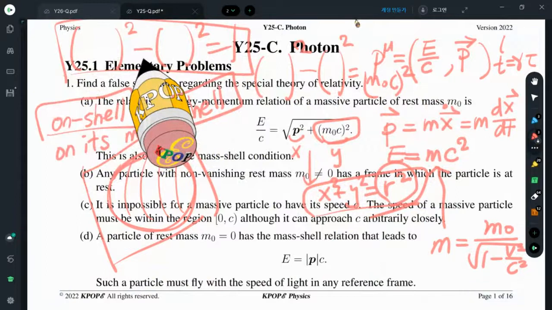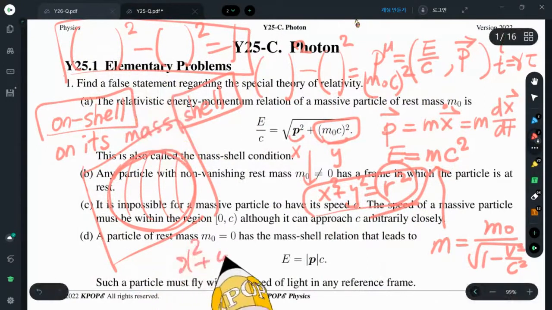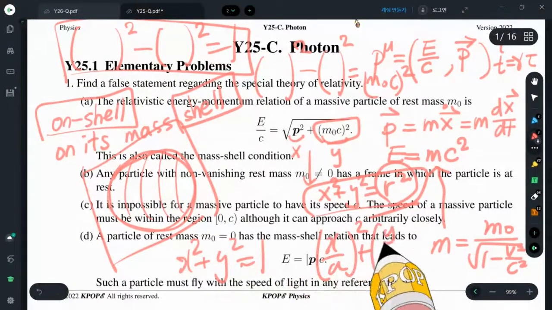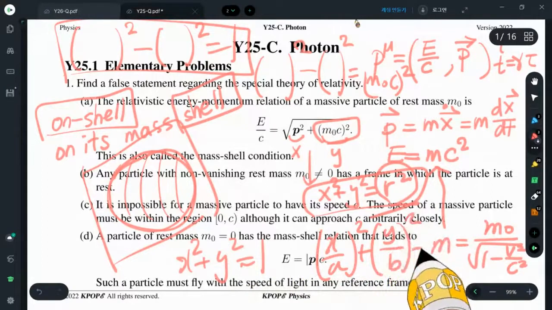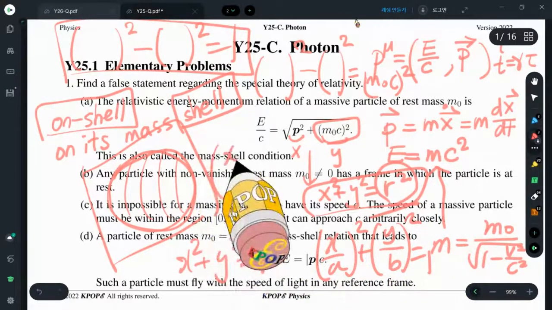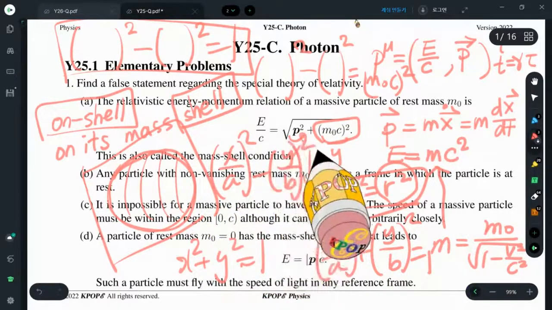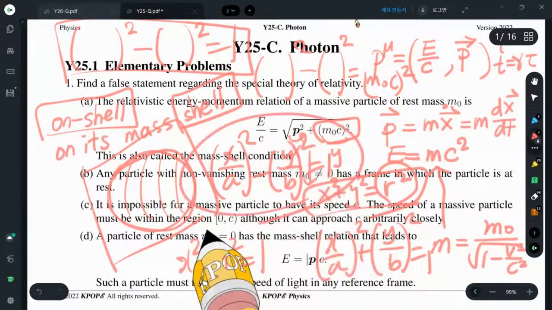This is a hyperbolic equation. This is an equation of a circle, this is an equation of an ellipse, and this is an equation for a hyperbola, right?